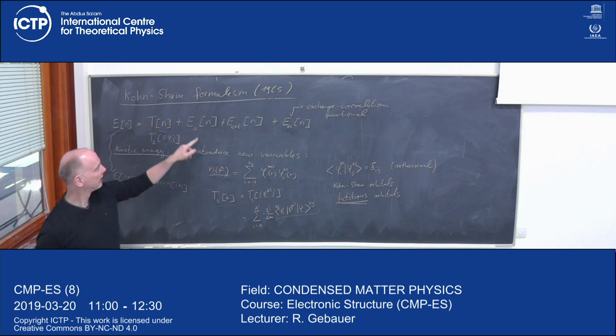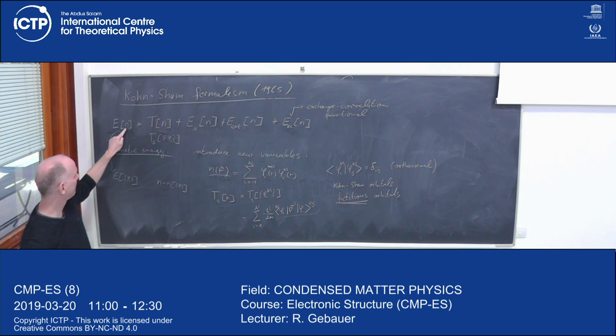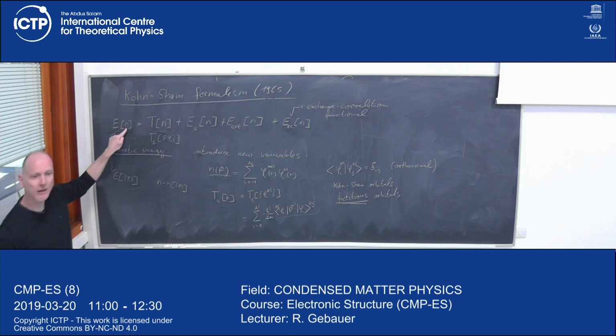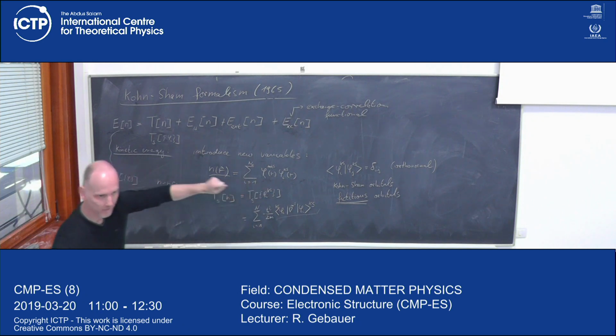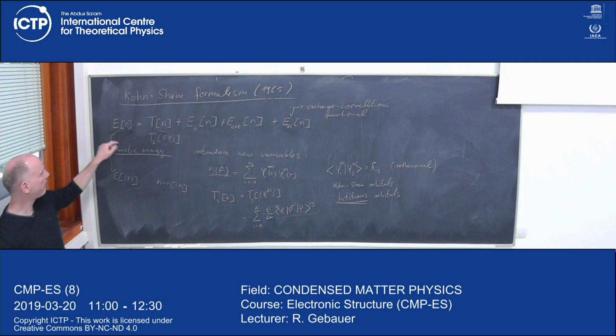Okay? So wait a minute. This here is a function of n, but n itself is a functional of the phi's in this sense. So if you have to find the minimum of this here, this means now you have to find the minimum with respect to the phi's.